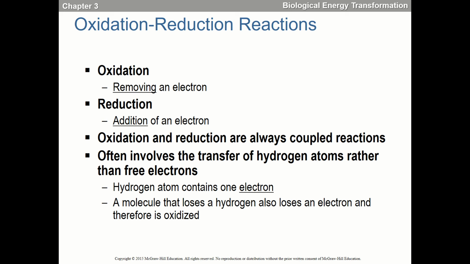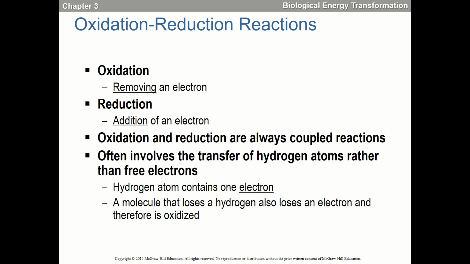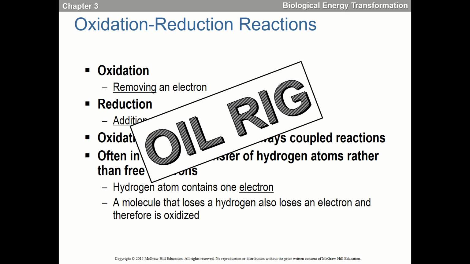There's an old acronym that helps people remember this. Does anybody know this acronym? What is it? Oil rig. Of course it is. So oxidation is losing, meaning removing an electron. Reduction is gaining, meaning gaining an electron.